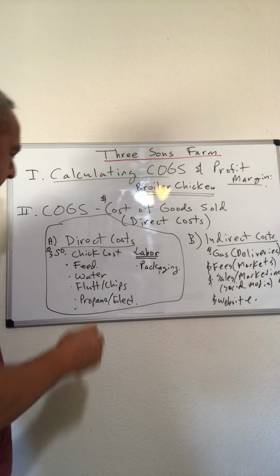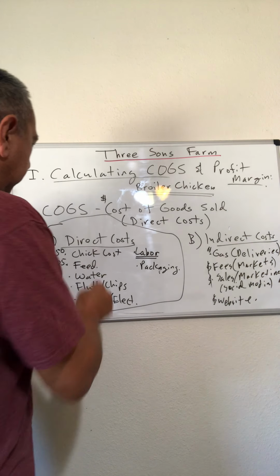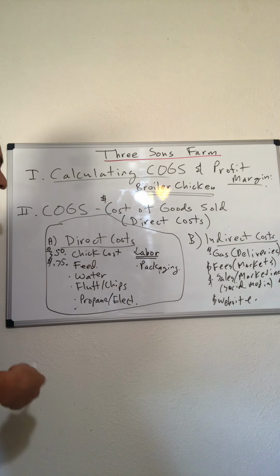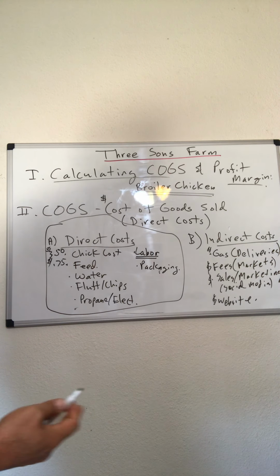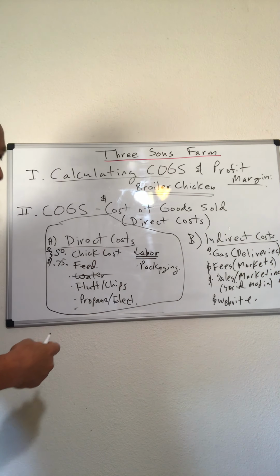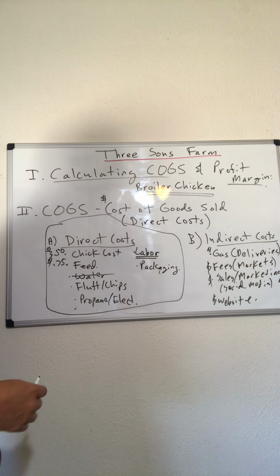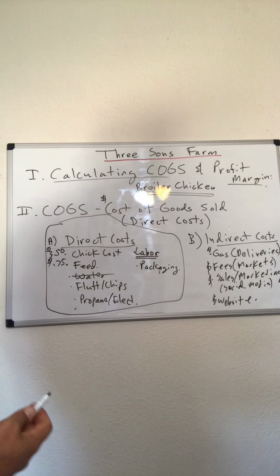Feed, I think I put 75 cents. Water, you might have a well, so let's leave it off for right now. It's probably very small, but if you live someplace where water is expensive, then you definitely want to include that.